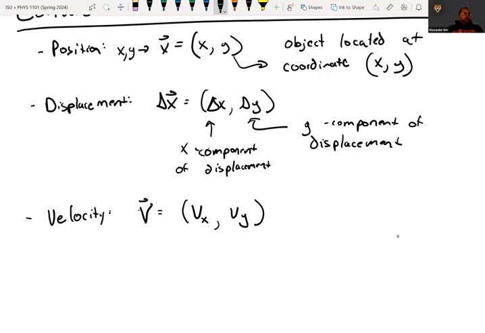The idea is that when you have a velocity vector, you're going off in some direction at some rate. You can express that as the rate at which you're going horizontally and the rate at which you're going vertically, some speed horizontally and some speed vertically.